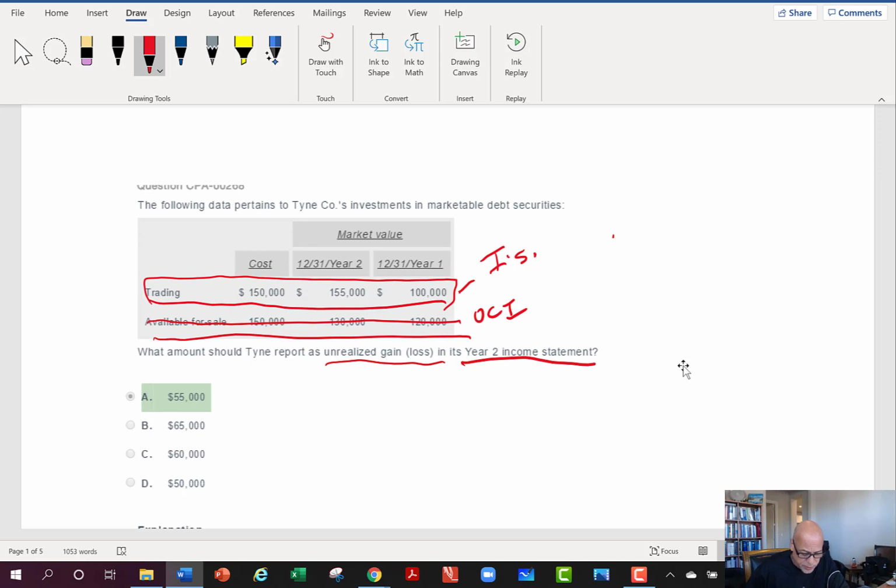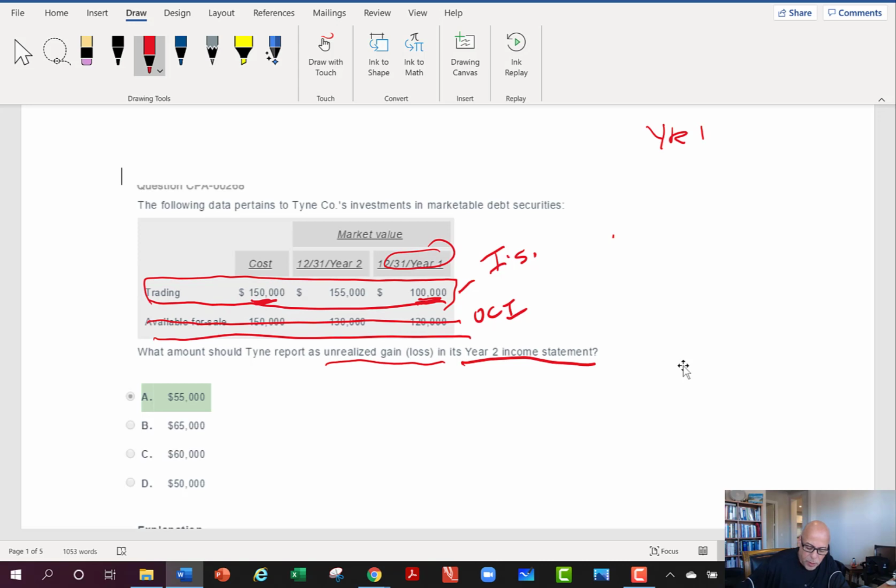So I start to take a look at this question, and I see that the security has a cost of 150 and, at the end of year one, a market value of 100. Now, let's just review what would happen in year one.